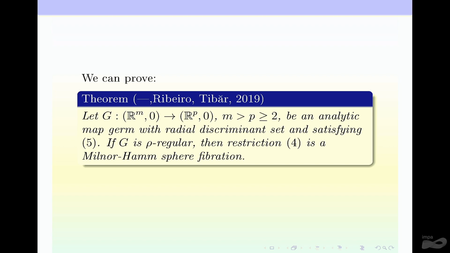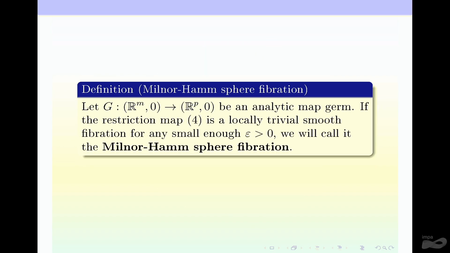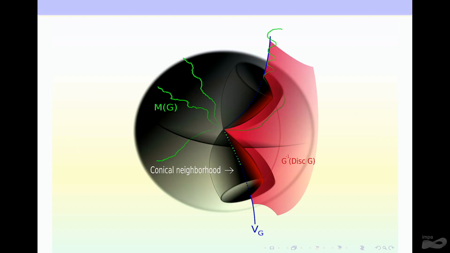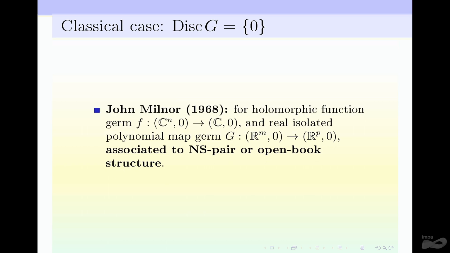I mean, we have a Milnor-Hamm sphere fibration. Okay, such a psi G. Okay, I mean we get the definition. That's the point. So the classical case is when the discriminant of G is 0, and it was studied by John Milnor, for instance.